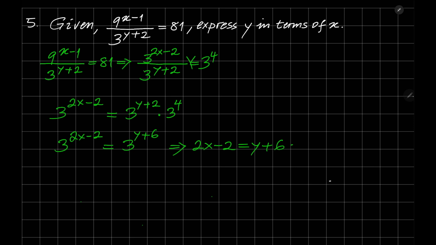Then it implies that y is equal to, if you move 6 to the left hand side, y is equal to 2x minus 8. That's the answer. Now let's go to the next question.